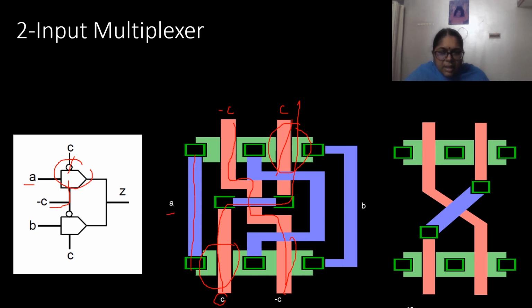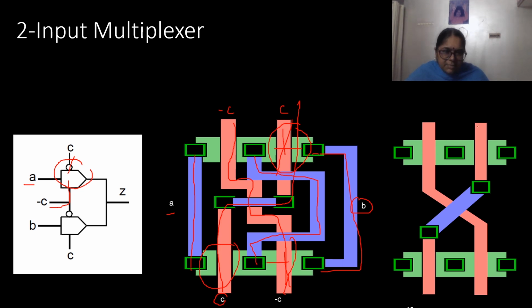Similarly, here NMOS transistor gate is connected to C, PMOS transistor gate is connected to C bar, and then the two transistors are connected together and B is given as the input. Now these two are connected together and Z is taken, that is indicated using this particular metal connection.